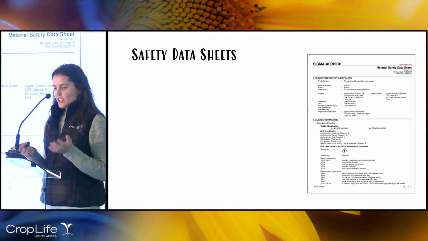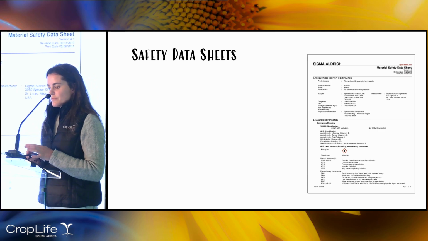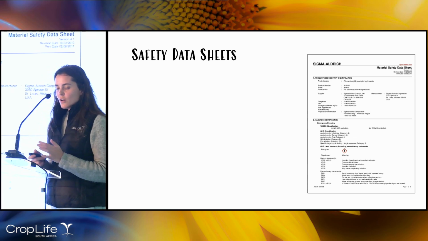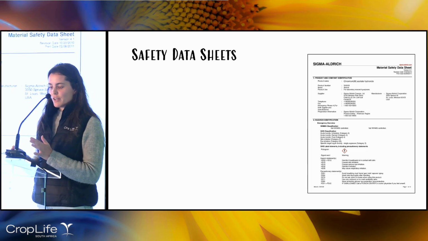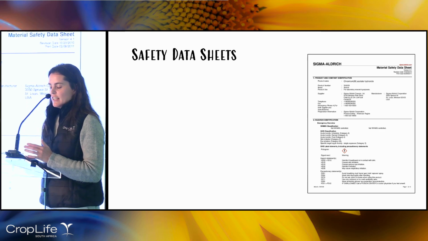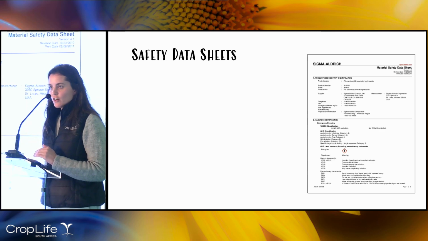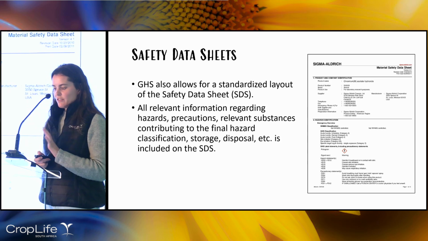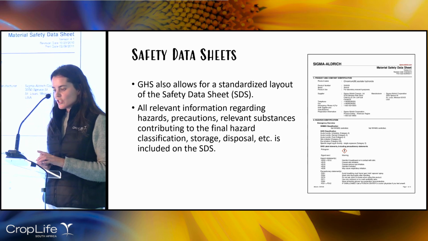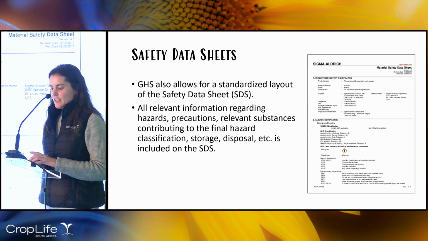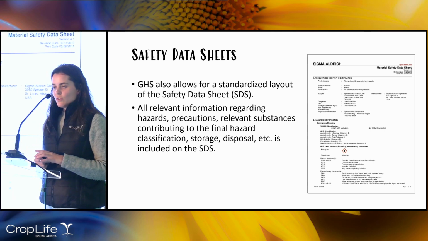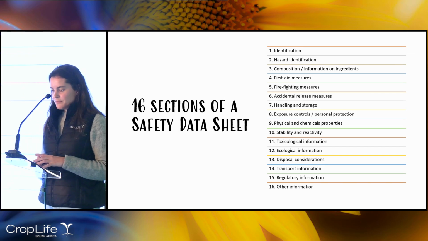As we said, GHS also has the safety data sheet as part of the GHS classification process. So the GHS gives us a standard way of doing a safety data sheet. And all relevant information regarding the hazards, precautions, and relevant substances that contributed to the final hazard classification is included on the SDS.